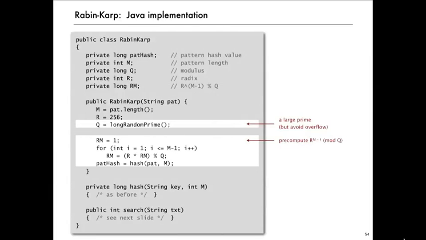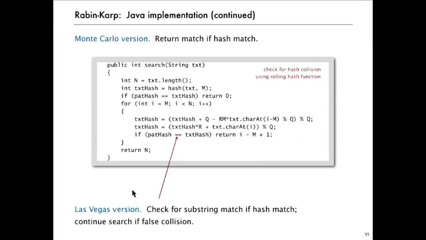That's again a remarkably small amount of code. We want to keep a long random prime, just a little smaller than the biggest long value to avoid overflow. So we pre-compute r to the n minus 1 mod q because that's the little calculation that we have to do. We compute the hash function for the pattern. And then with those pre-computations, the search is extremely straightforward.